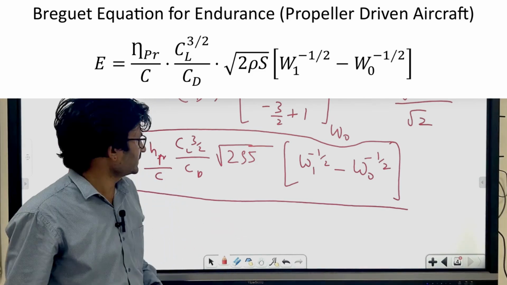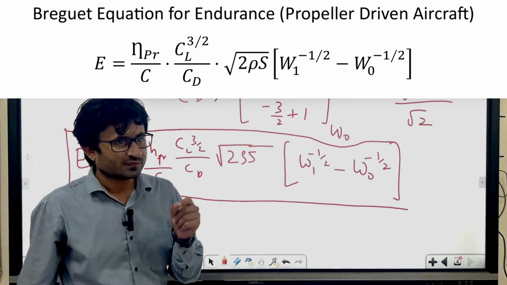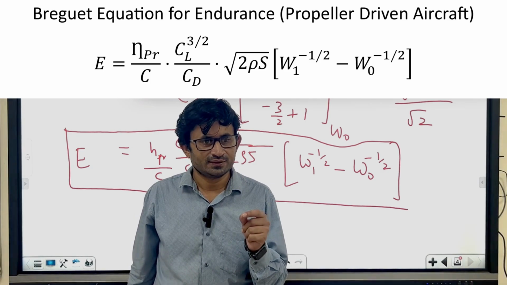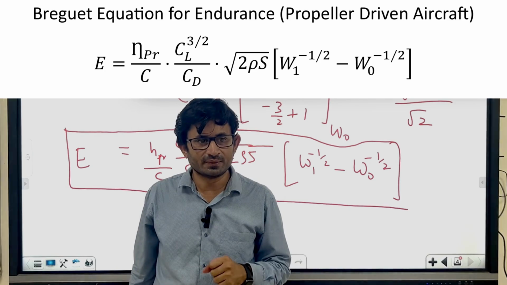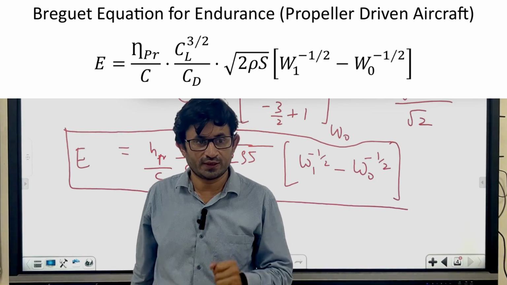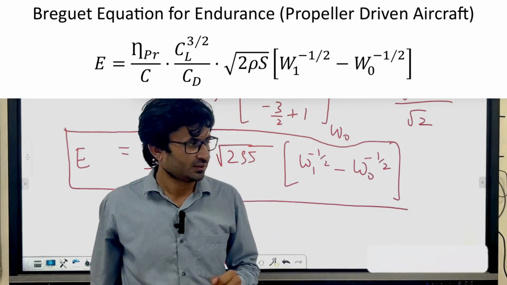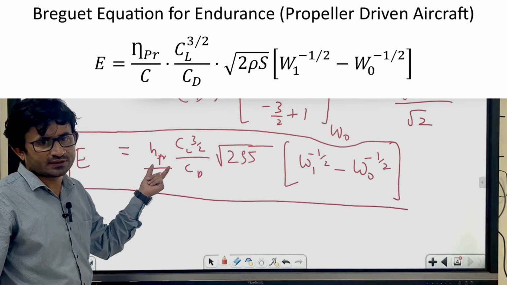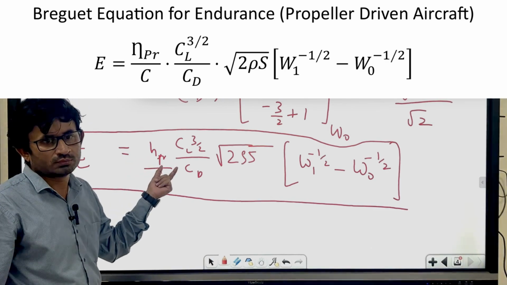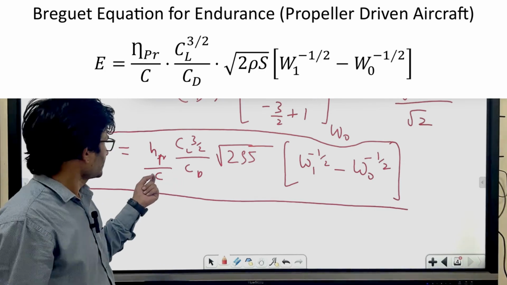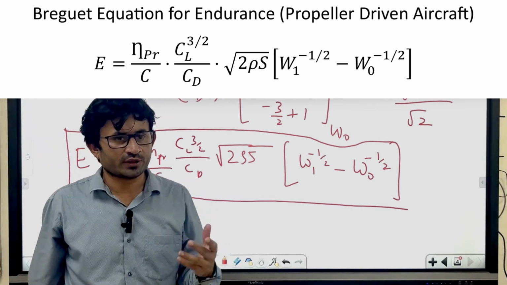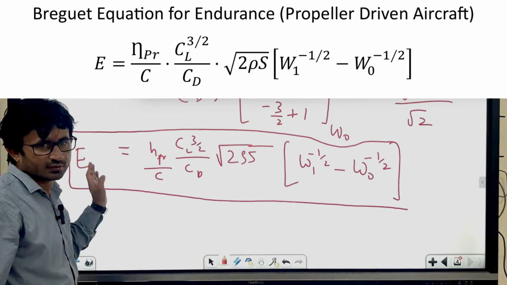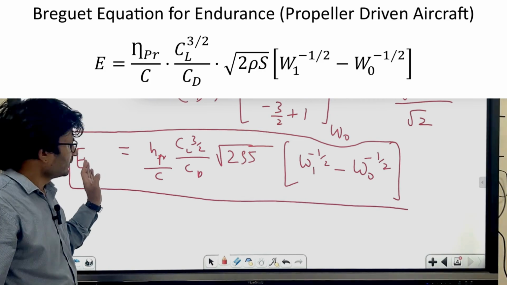So here also you can see what I said, the CL power 3 by 2 over CD max condition, right, where the power is minimum, the power minimum condition. So if you fly at the power minimum condition, you will get maximum endurance, and if your efficiency is close to 1, which is not possible, but even if you have 0.7 or 0.8, it is called good propulsive efficiency, then you will have a good endurance.